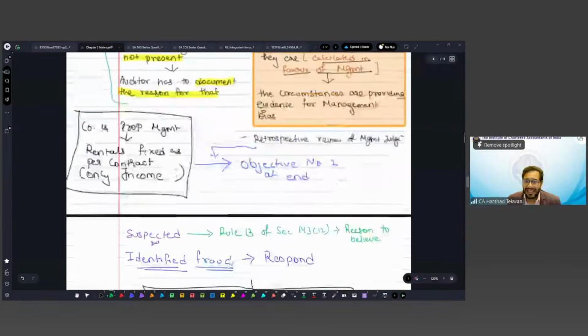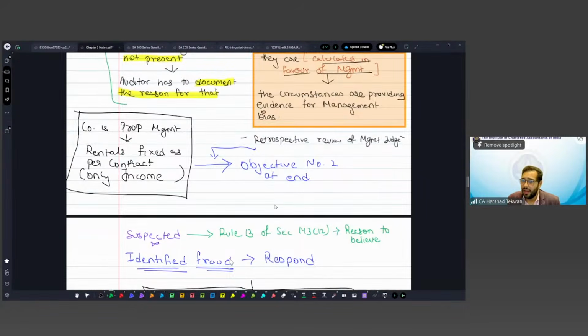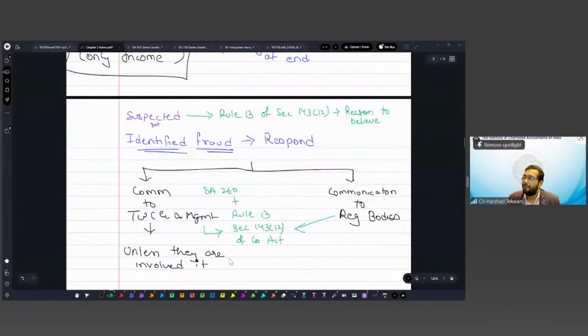Okay. Let's say this is the objective number 2. At the end of objective 2, we identified this and everything. Let's say we are not able to conclude. What happened after doing the audit, after getting the audit evidence, we are saying that we are not able to achieve objective 2.